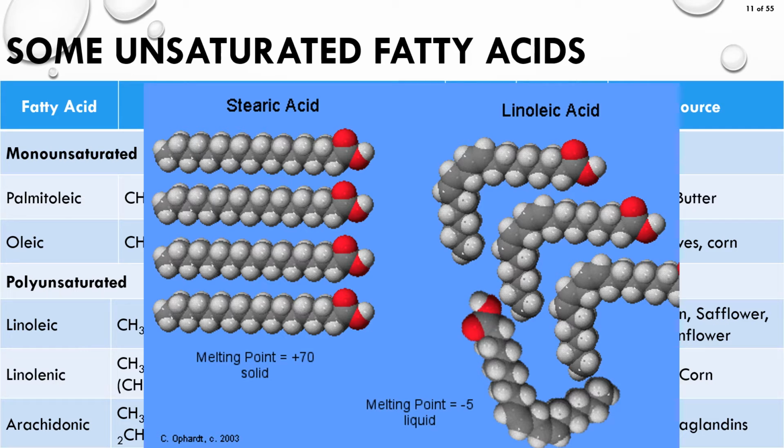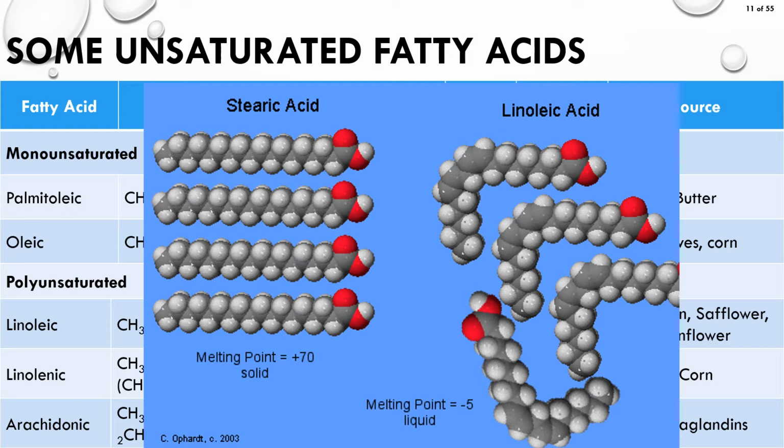The introduction of one or more double bonds in the hydrocarbon chain in unsaturated fatty acids results in one or more bends in the molecule. The geometry of the double bond is almost always a cis configuration in natural fatty acids. These molecules do not stack very well. The intermolecular interactions are much weaker than in saturated molecules.